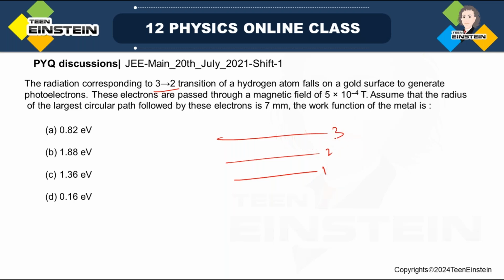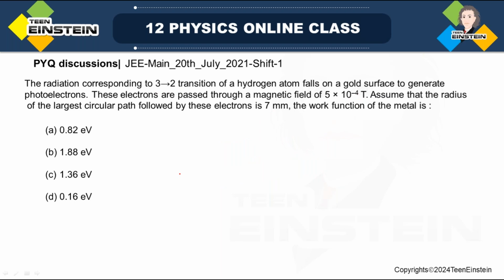So these are the energy levels, and each of them have different value of energy, right? So the electron passes through magnetic field is this. Assume the radius of the largest circular path followed by the electrons is 7 millimeter.